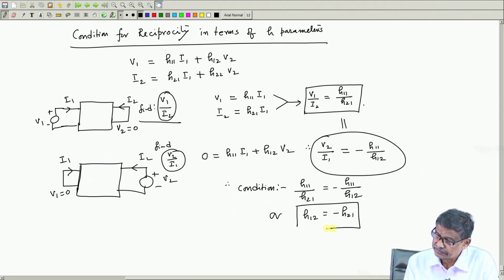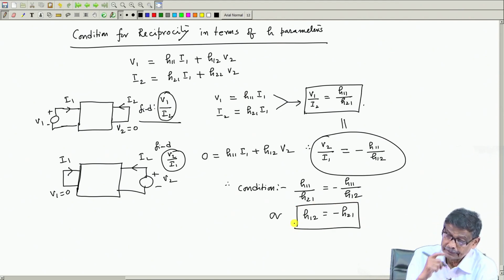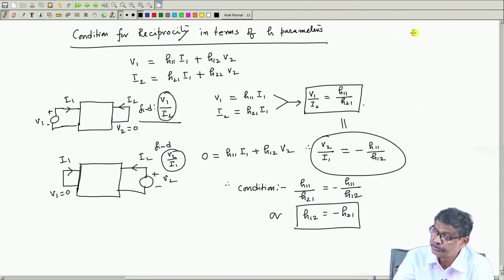This is the condition. See, for a given two port network, if it is reciprocal and you represent it in terms of Z parameters, then the condition was Z 1 2 is equal to Z 2 1.